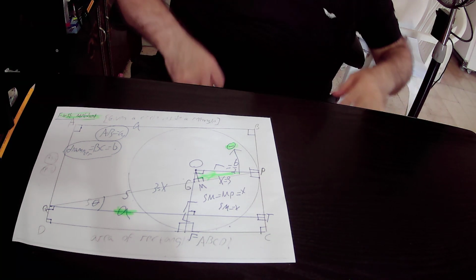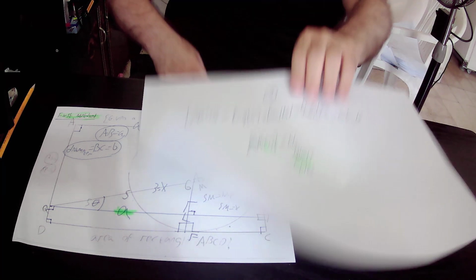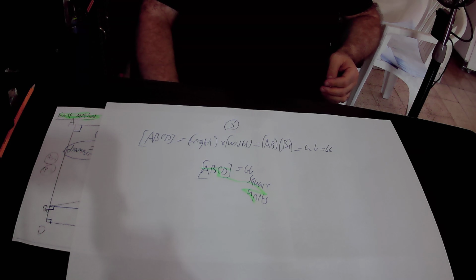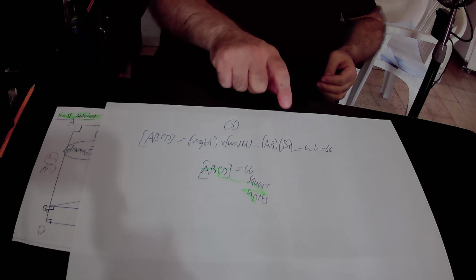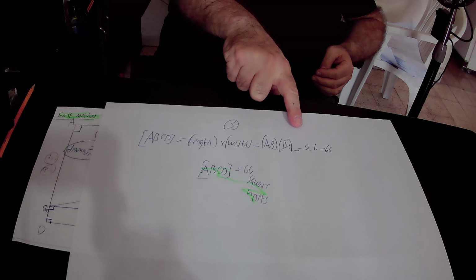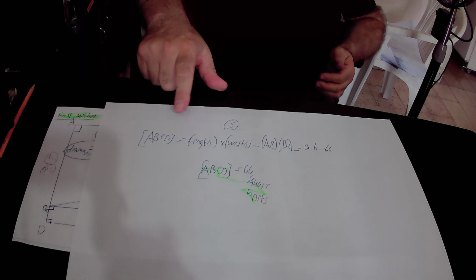And then the area of rectangle ABCD equals the length of the rectangle times the width. The length is AB, the width is BC. According to our definition, AB equals a and BC equals b. So in conclusion, the area of rectangle ABCD equals a times b.